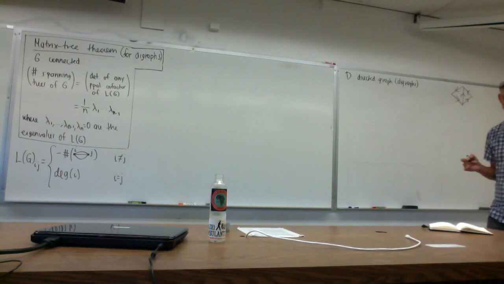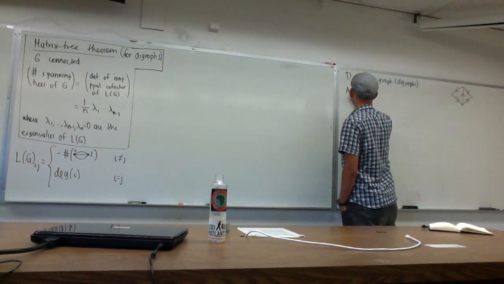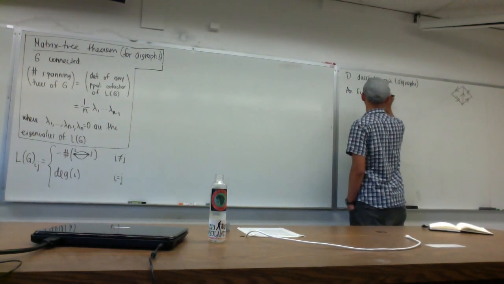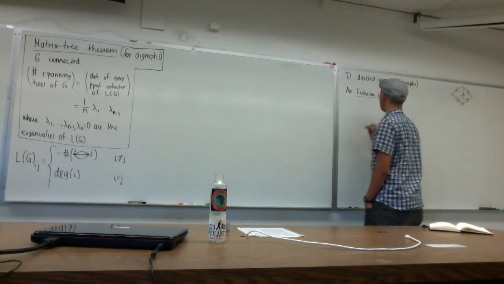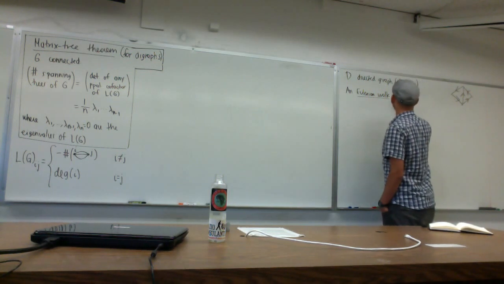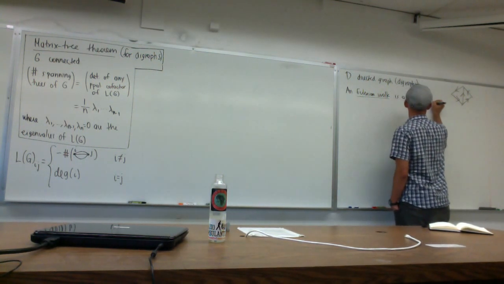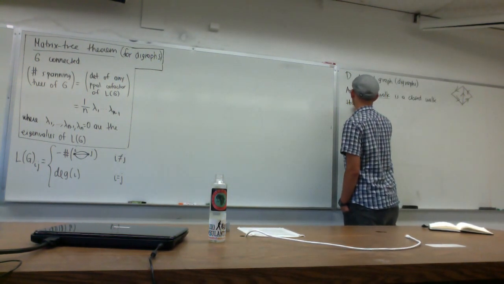Okay. An Eulerian walk is a closed walk in the graph that uses each edge exactly once.